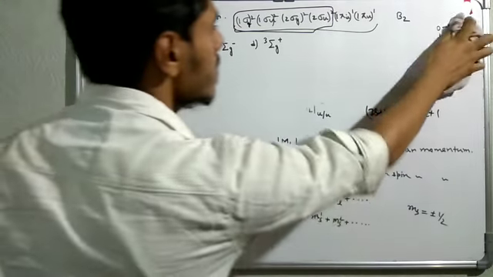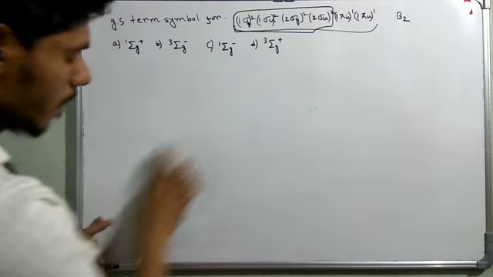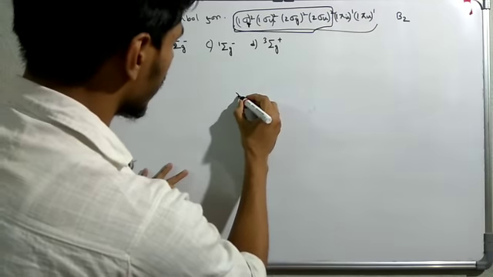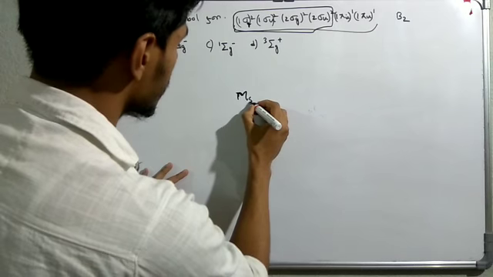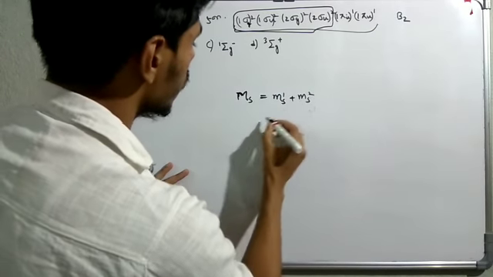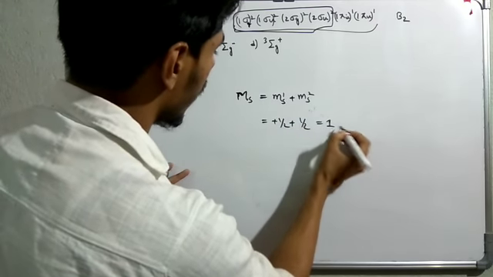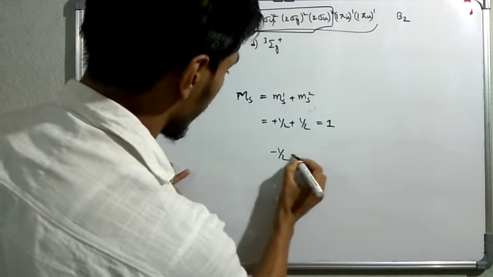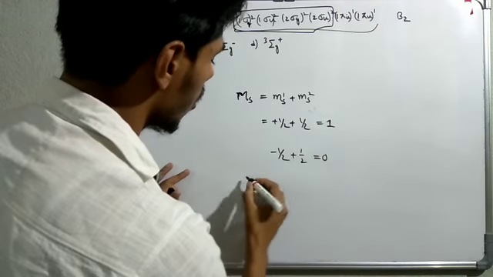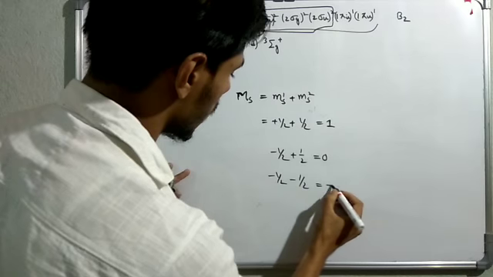Now let us see what is the configuration for the given problem. In the given problem, we can see these two pi orbitals are filled, and for them we can calculate the Ms. First we will calculate the Ms value. So Ms is equal to ms1 plus ms2, and they can be either plus half plus half, which is equal to 1, or plus half minus half, which is equal to 0, or minus half minus half, which is equal to minus 1.